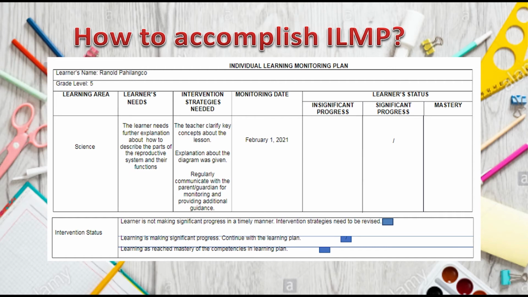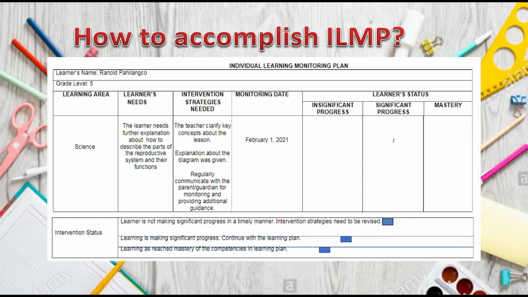The intervention strategies needed are: the teacher clarifies key concepts about the lesson, an explanation about the diagram was given, and regularly communicate with the parent or guardian for monitoring and providing additional guidance.